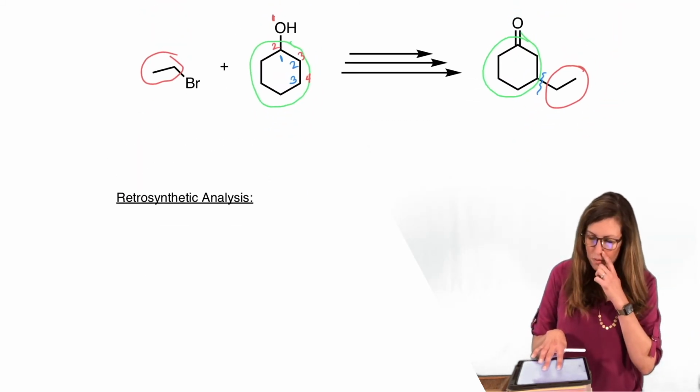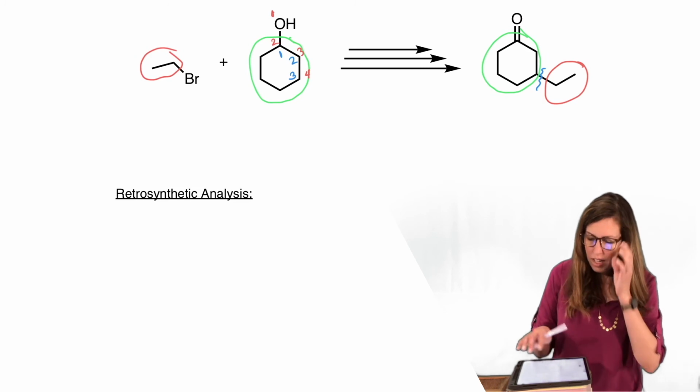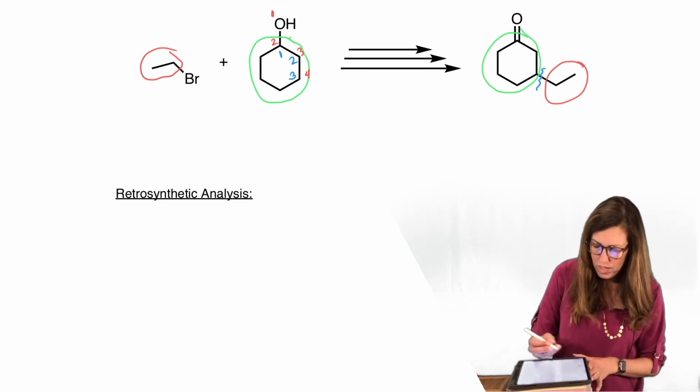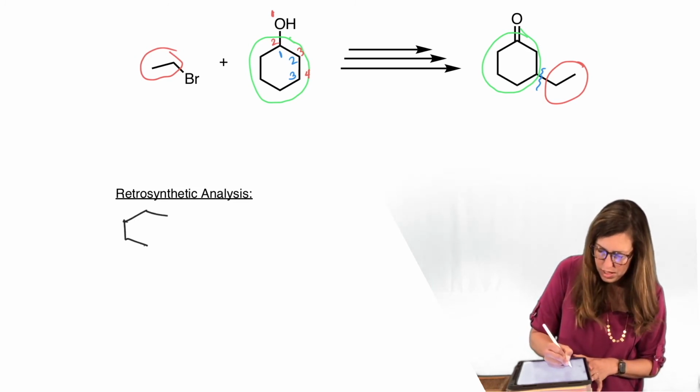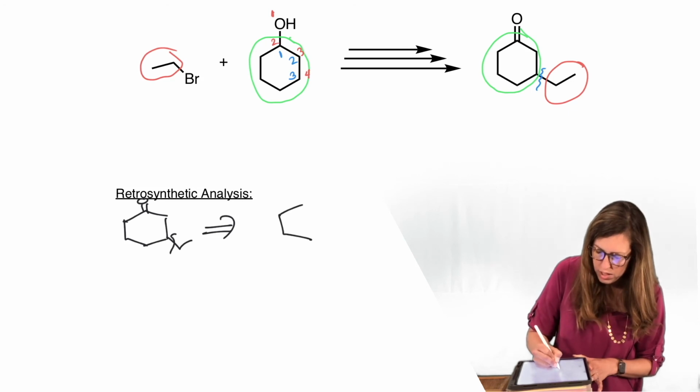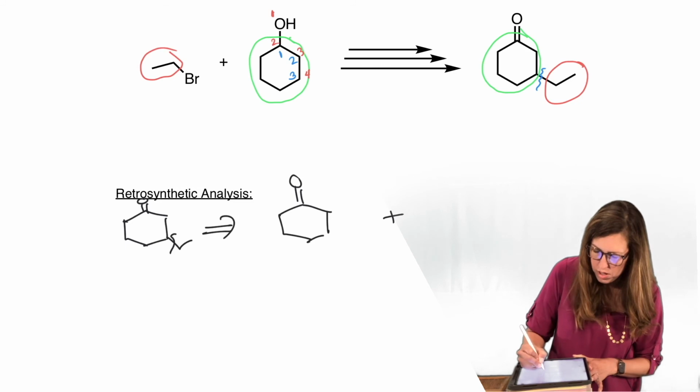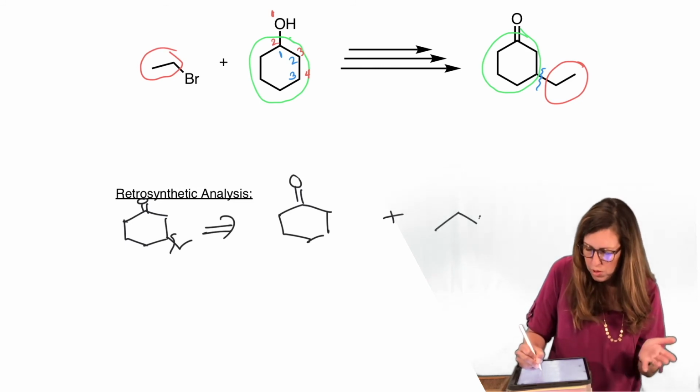So when I do retrosynthetic analysis, yes, I go backward like this, but this is kind of a showing-your-work spot. And I try to think of what this used to be. And maybe this was some sort of halide.